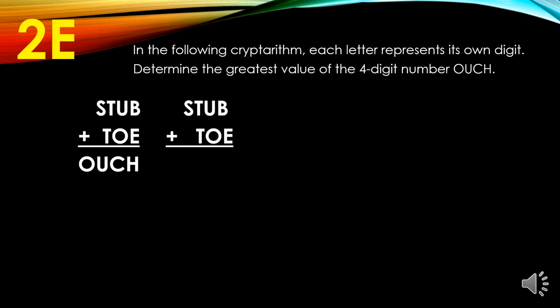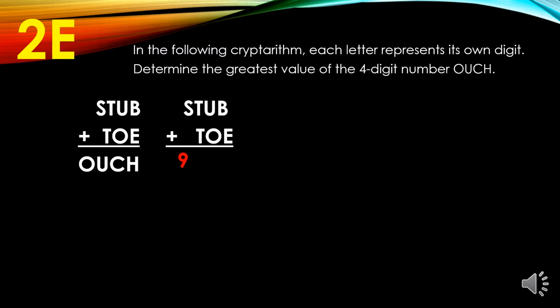But it is just a four-digit number. So it means the highest possible digit in the thousands place is 9, because if we go for 10, it is a 5-letter number, not 4. So it means that the highest number on that S is 9.